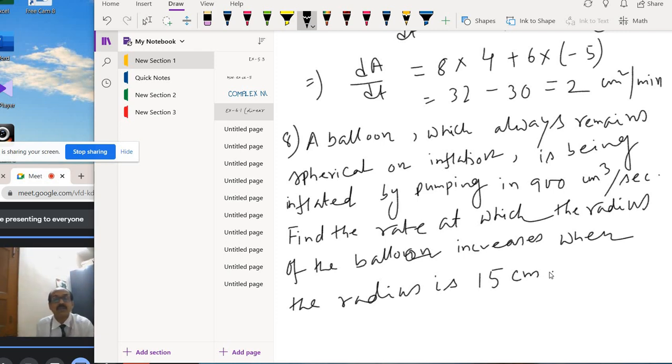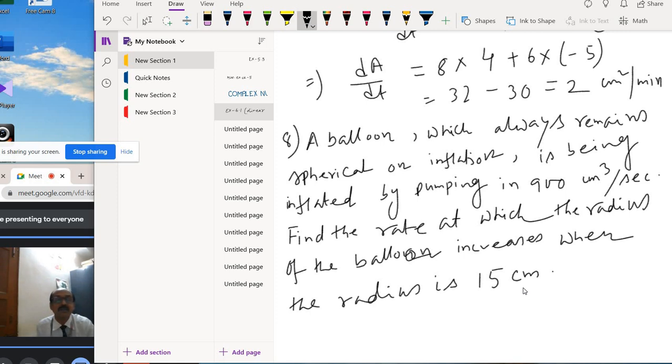Okay, so a balloon which always remains spherical on inflation is being inflated by pumping in 900 centimeter cube per second. Find the rate at which the radius of the balloon increases when the radius is 15 centimeter.